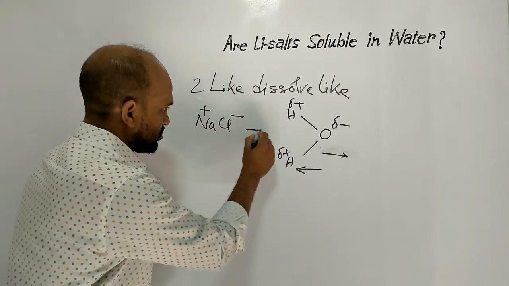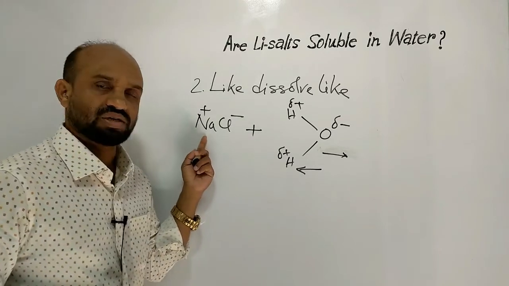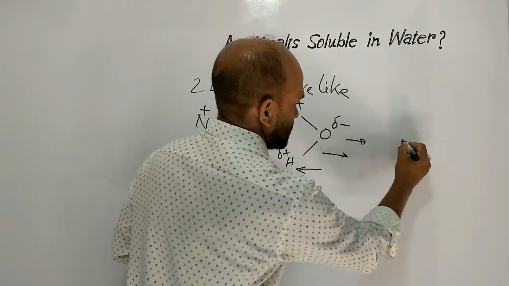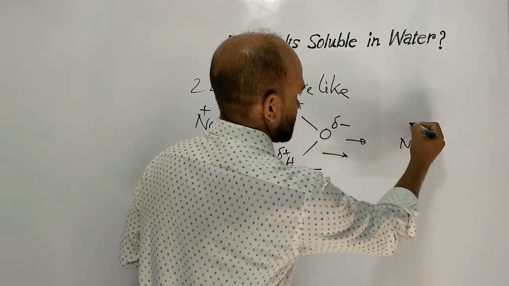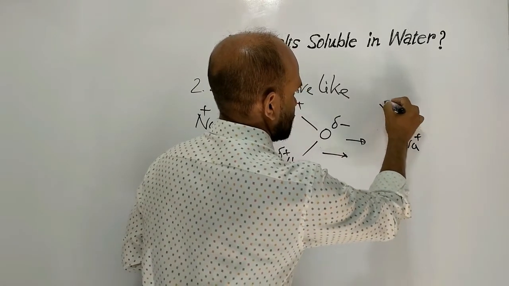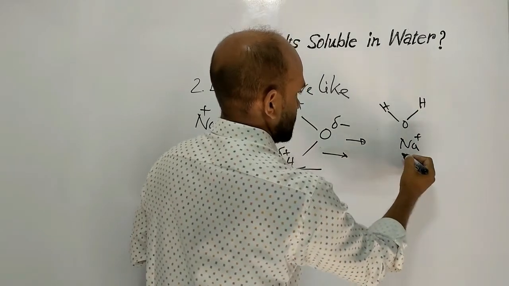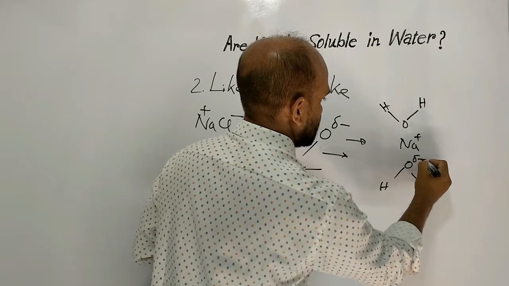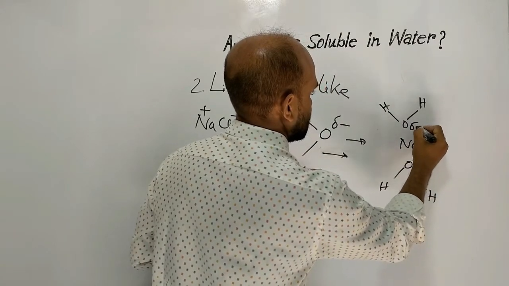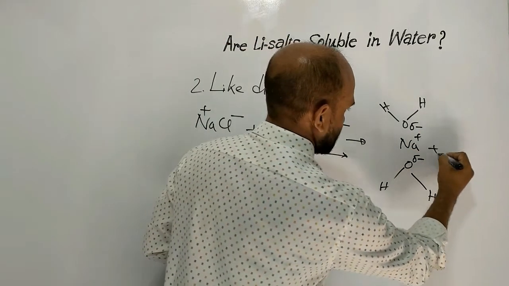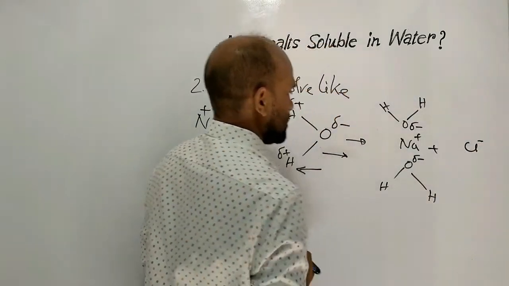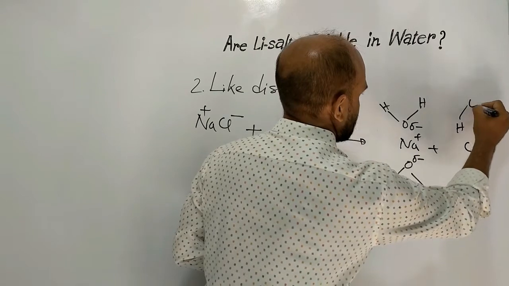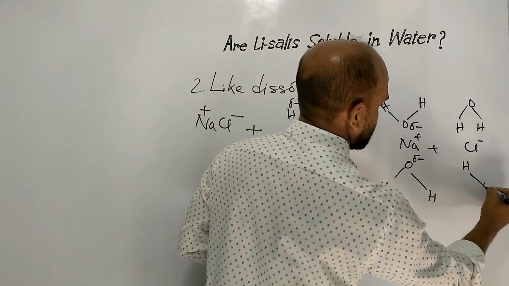That is why when sodium chloride is dissolved in water, the sodium ion is surrounded by negative poles of water and the chloride ion is surrounded by positive poles of water.